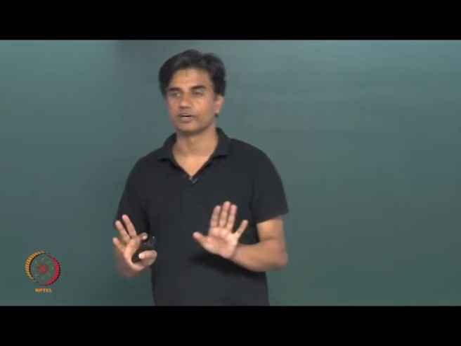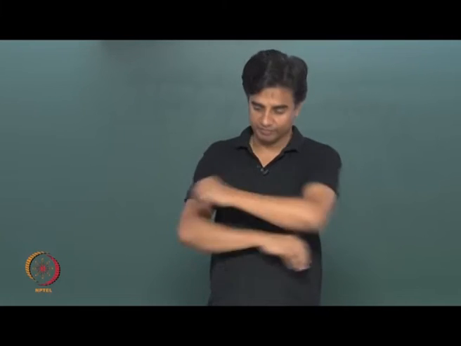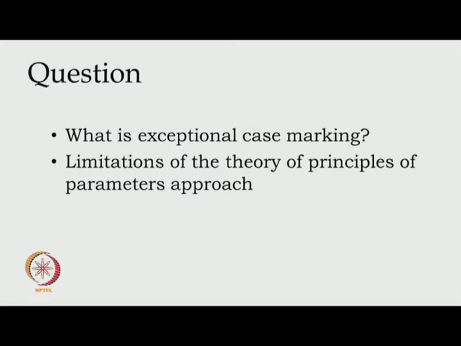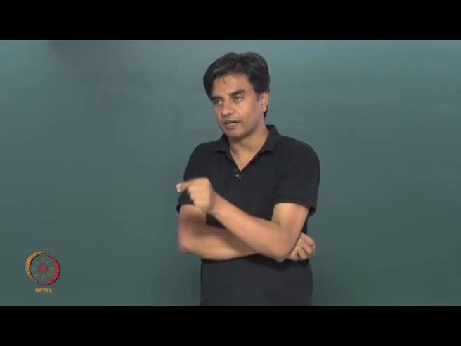This is what we saw yesterday. All right. Now, with that, we don't have all our problems taken care of. Even with the idea of case marking, we see some problems.